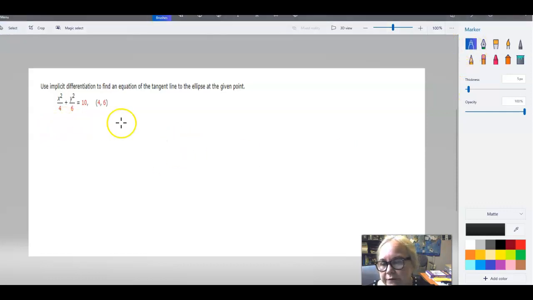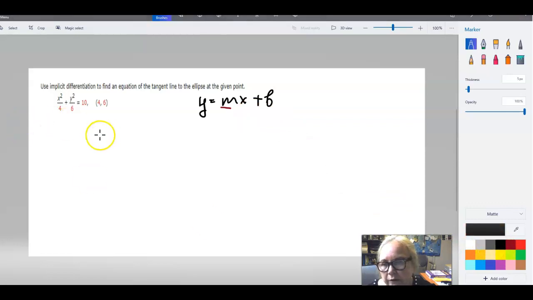First of all, let's recall that the equation of a tangent line is y equals mx plus b. It's the slope-intercept form of the equation of the line. First of all, we need to find the slope, and then we can find the whole equation.